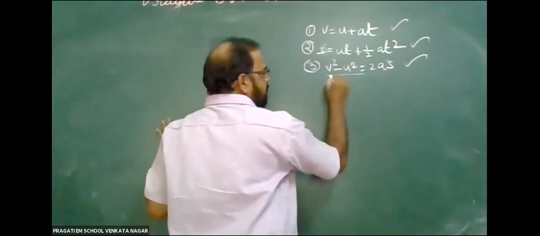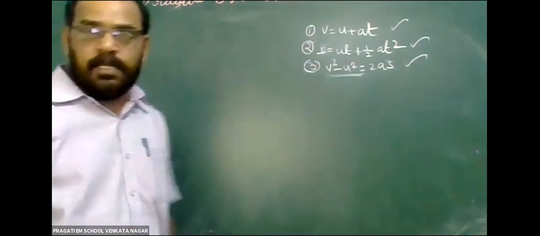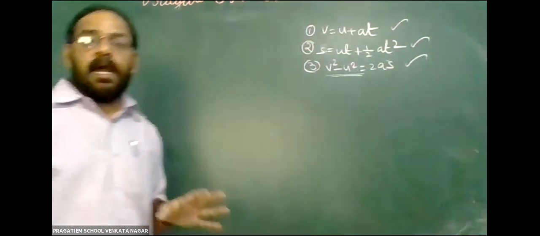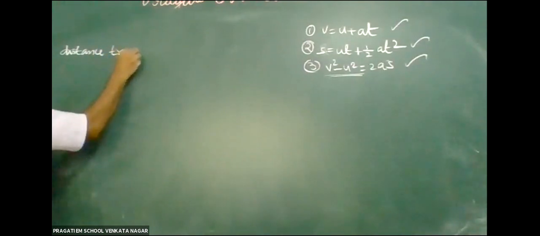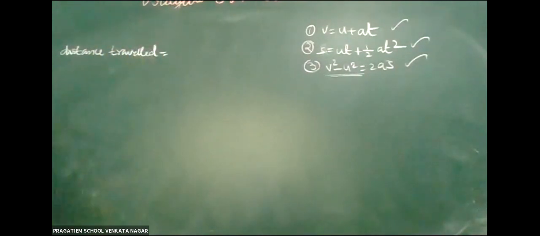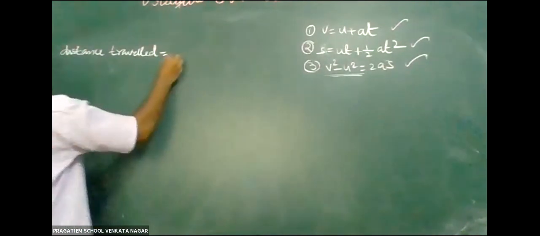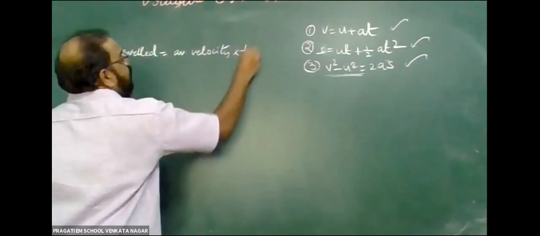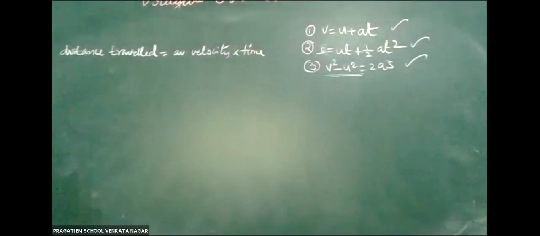Now, many children asked, they have a doubt about the third equation of motion. So once more I am deriving the third equation of motion. Here the second and third equations start from the same step. Distance traveled is equal to average velocity into time. What is average velocity?